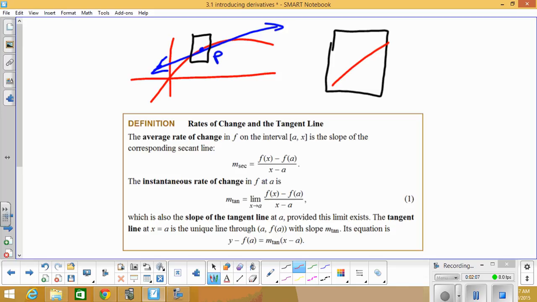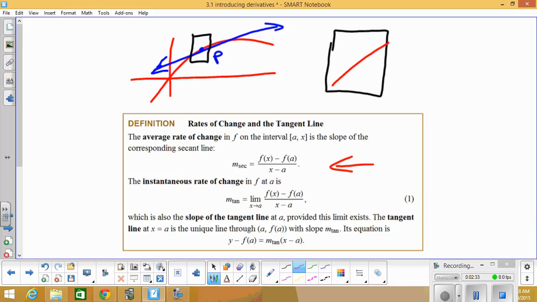So that's what I want to talk about: this instantaneous, at that instant. We want to know how quickly f is changing at that point, the instantaneous rate of change. Going back to the definitions from earlier, the secant slopes are between 2 points.